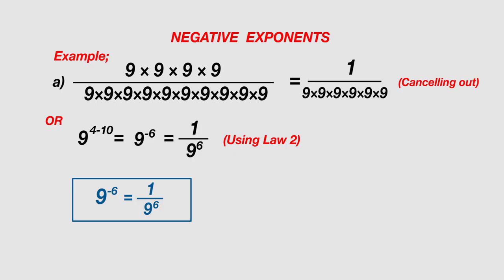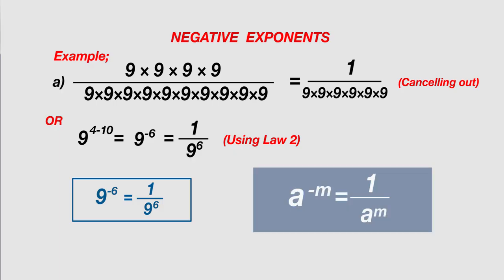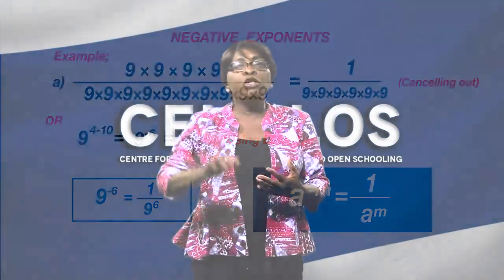Once again, we can conclude that a raised to the power negative m is equal to 1 over a raised to the power m. Good. Remember, when you put 1 over a number with a negative index, it changes the index to a positive index.